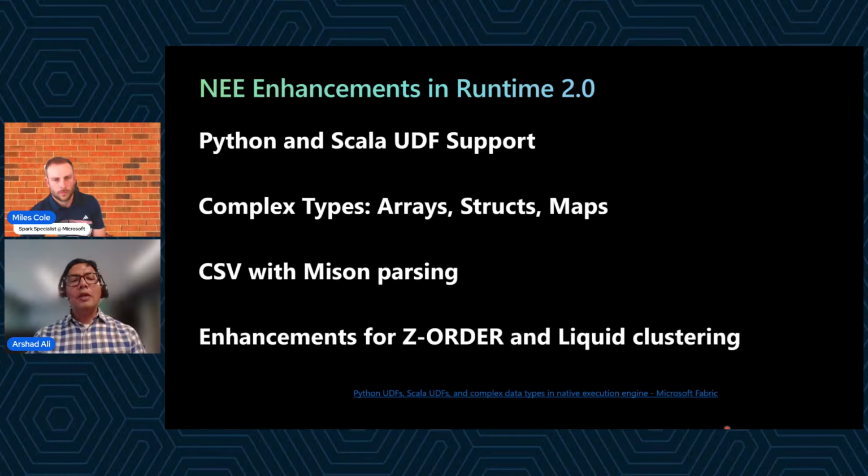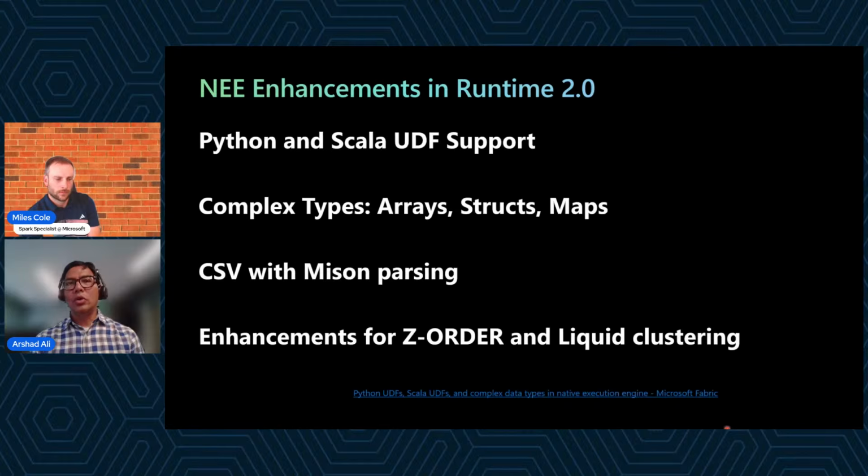The third one is CSV with Mission Parsing. When we started with the native execution engine, we had support for Parquet and Delta. Then we added support to read CSV data with Mission Parser. Mission Parser is a parser designed to accelerate analytics workloads by reading only the fields that are needed rather than fully parsing every record, right?